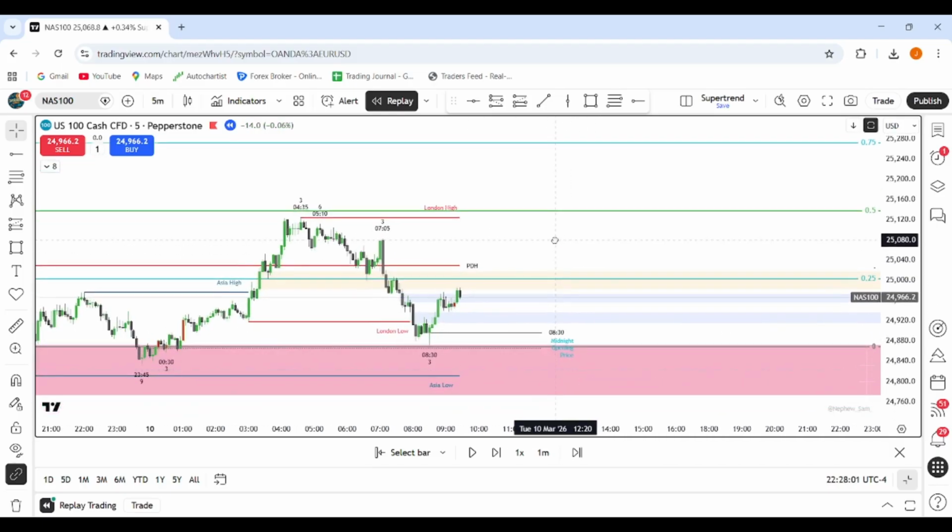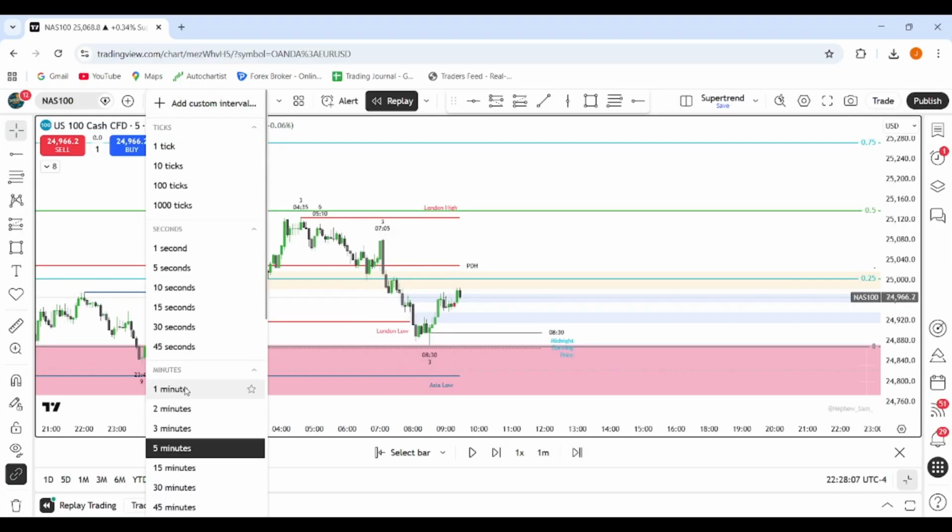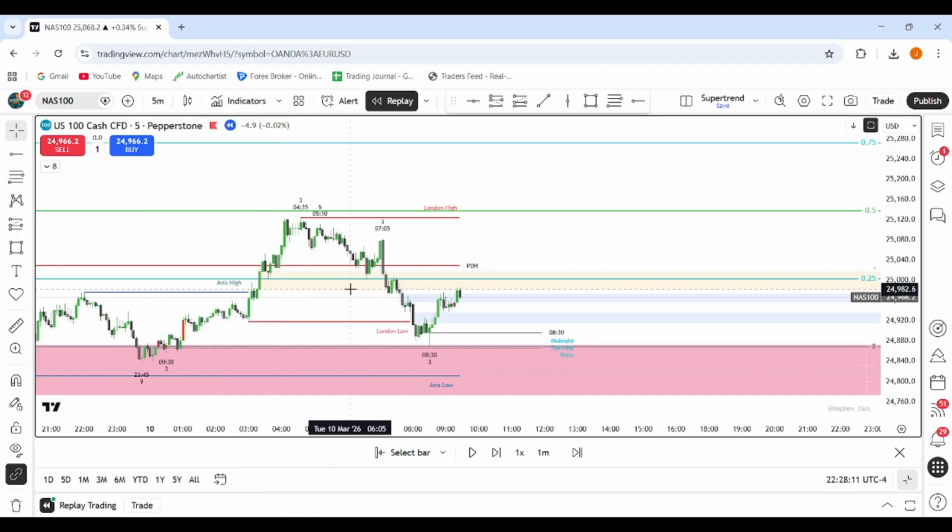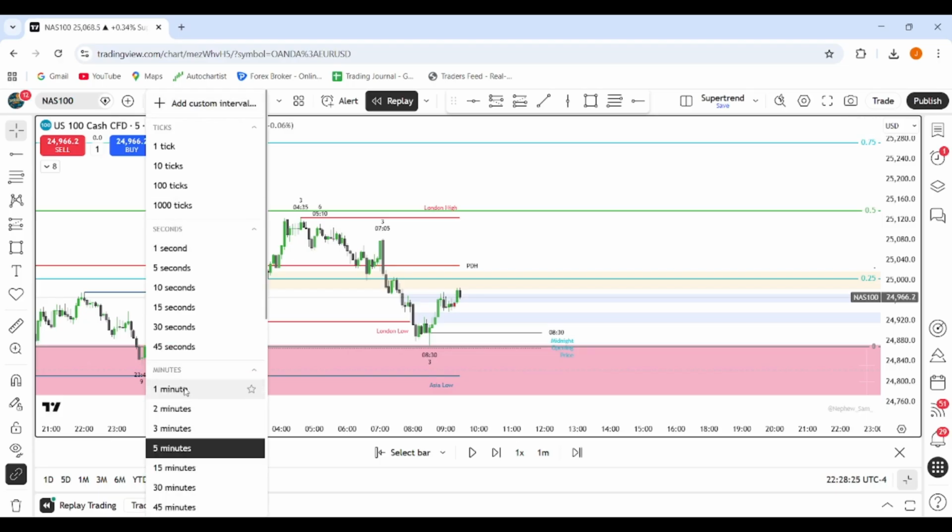So anyhow, come 9:30, let's just drop down to the 1-minute chart. As I say, we would have seen that we didn't take the high, we've taken the low, and often we expect to see maybe a reversal after the low, but we've also got the Asia low here, so we need to take a note of that time-based liquidity.